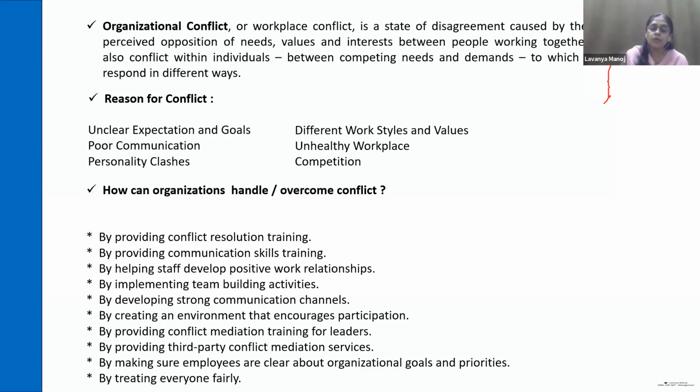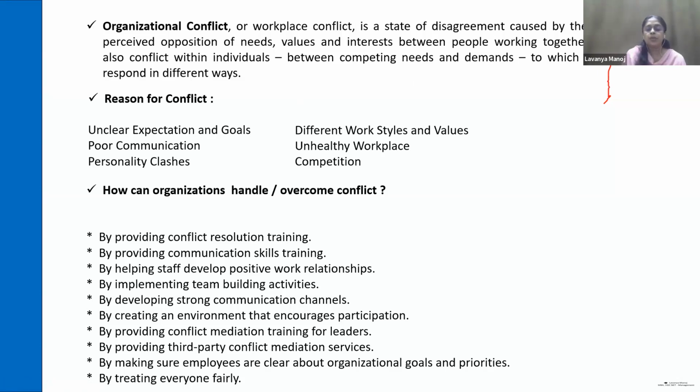And third party conflict mediation services: there are many arbitrators or third party people or agencies who have no connection with the organization, but they can be made use of. If the organization fails to resolve conflict between any two parties within the organization, they can get help from the arbitrator or a mediator outside the company.